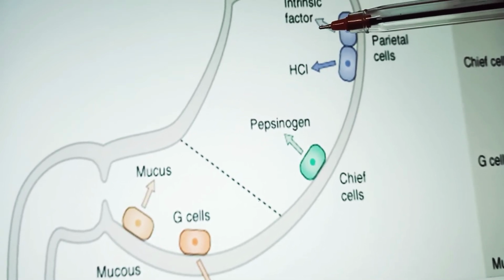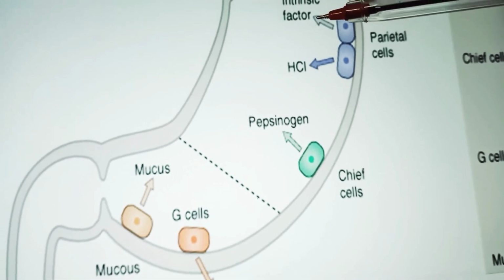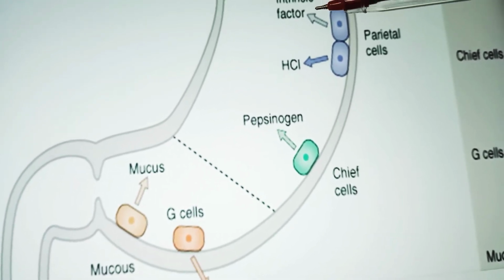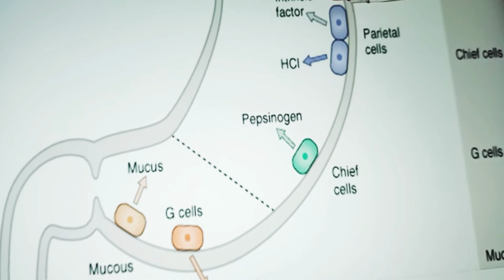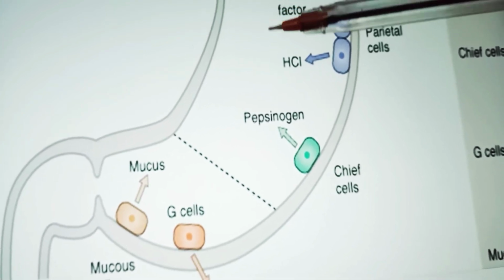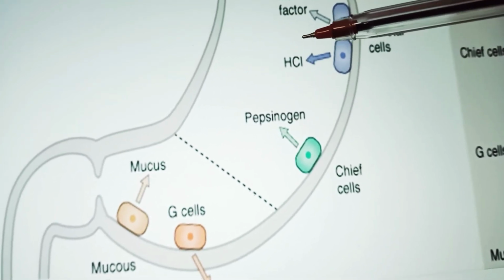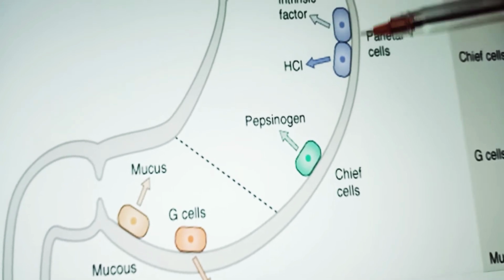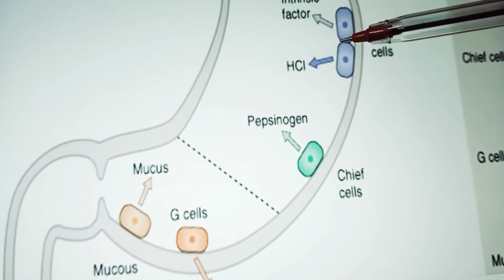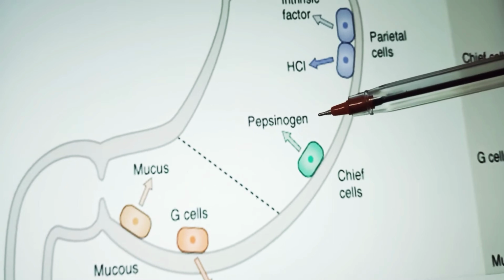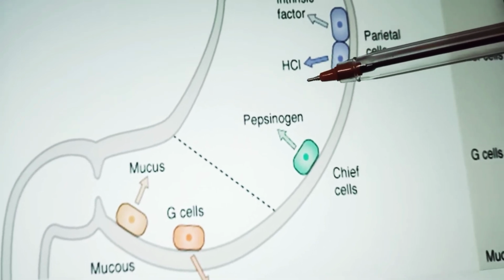All those can decrease the intrinsic factor, acting through cyclic AMP, the GS and GI system, and they decrease the hydrogen in the lumen. Autoimmune destruction of the parietal cells can cause chronic gastritis and also pernicious anemia.